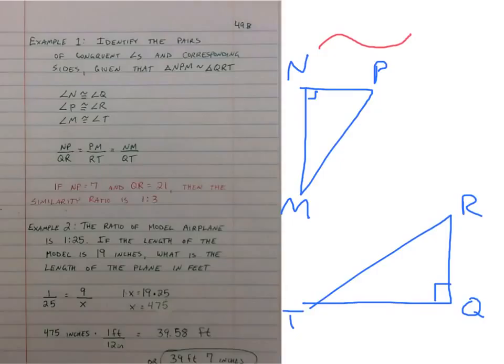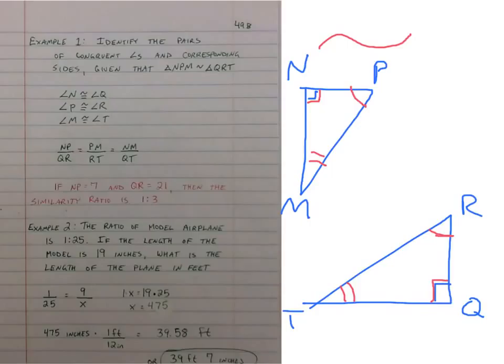So we can say that angle N and angle Q are similar. We can also say that P is similar to R. And we can say M is similar to T, or more concisely, M is congruent to T, P is congruent to R, and N is congruent to Q.